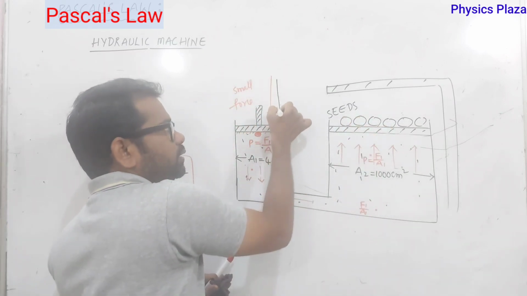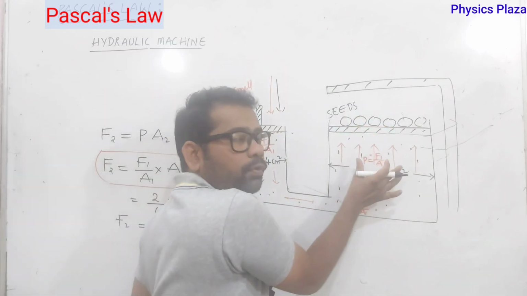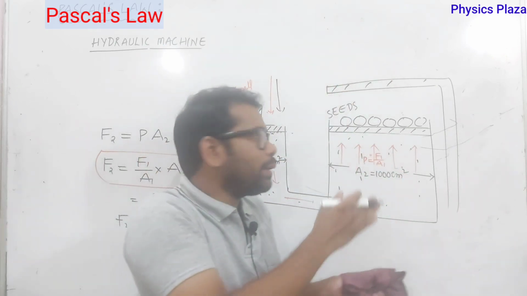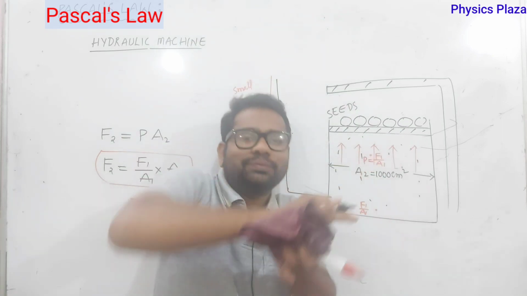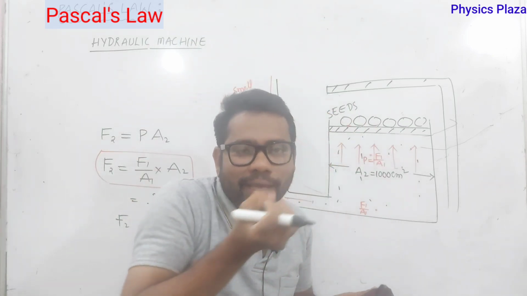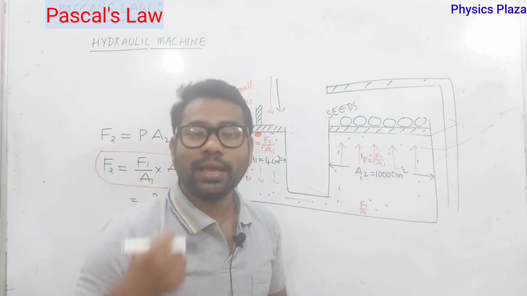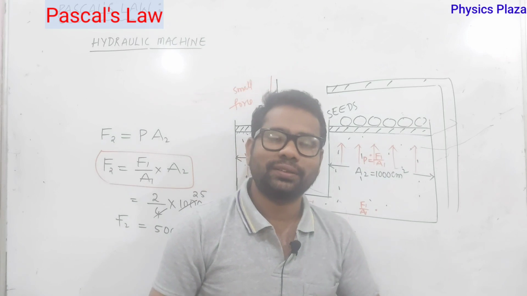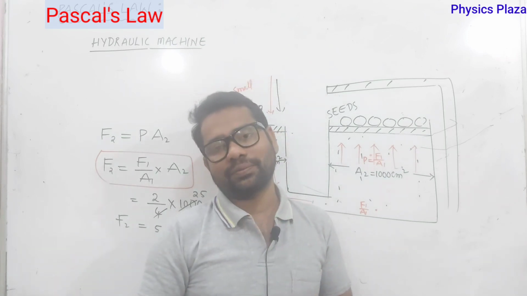Again we apply the force here. What will happen? More force will act on the larger piston, and it is taken upwards. Then these seeds are crushed, and when the seeds are crushed, oil is extracted. I am trying to say we can modify this machine.